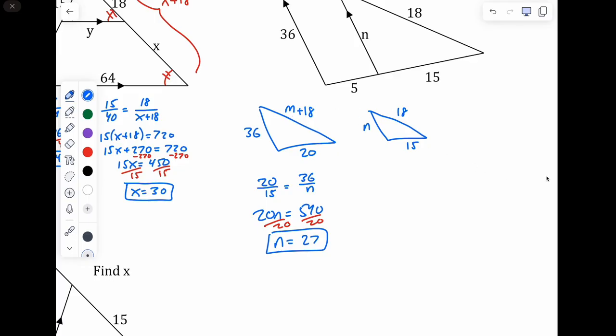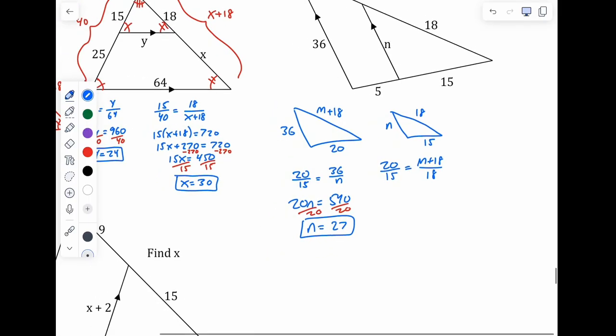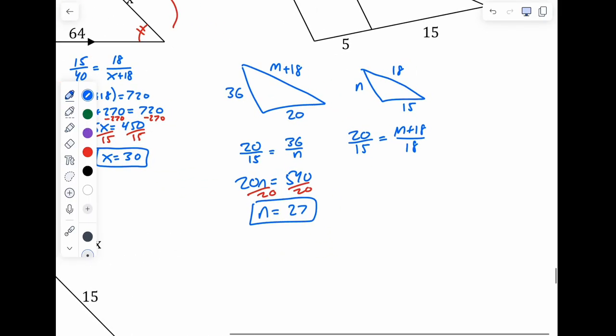So I'm just going to do this the proportion way. So I'm going to say 20 goes with 15 again. That's big triangle on top. So the M plus 18 goes over 18. I know these two problems, they seem identical. They're not always going to be exactly like these two. And you'll see that on the next one. But a lot of times you do end up with distributive property.